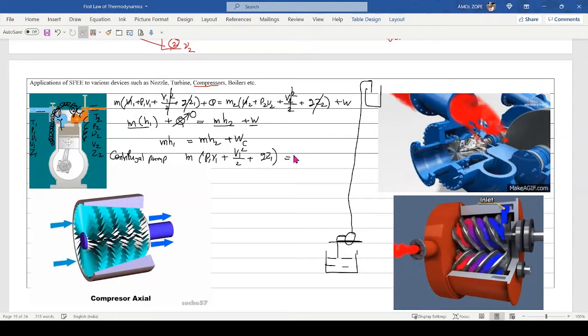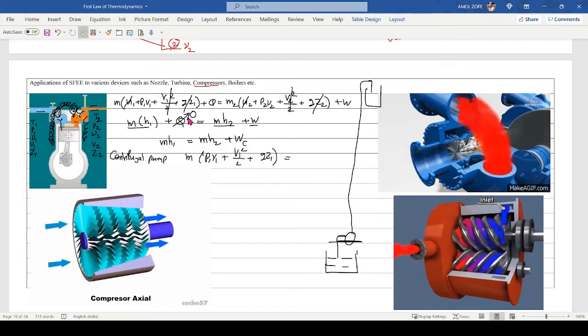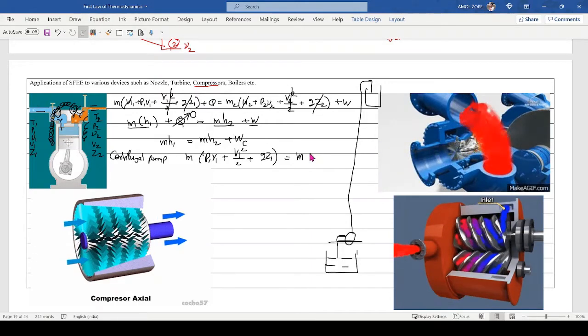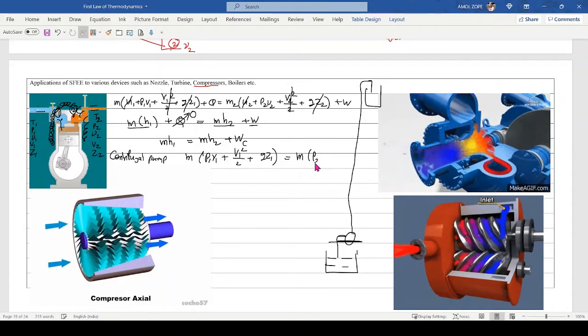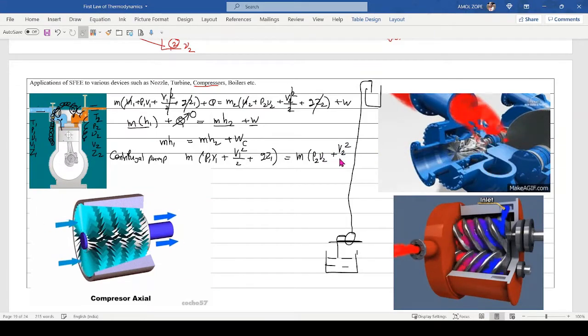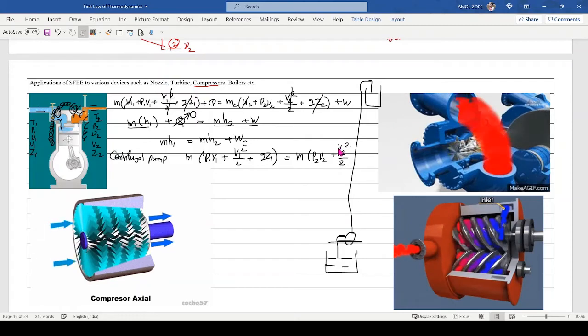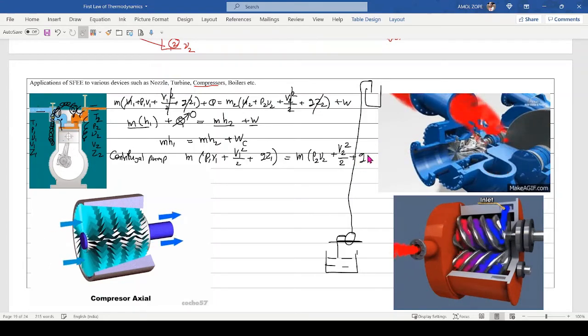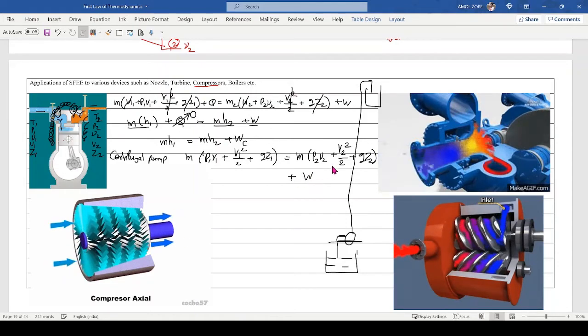Is equal to, now the heat transfer is 0, is equal to, so at the outlet the same mass will go out as what comes in, m into p2 v2, plus, if the velocity is not to be neglected, then you have to consider this, otherwise you can cancel out these velocity terms, plus gz2, plus w.